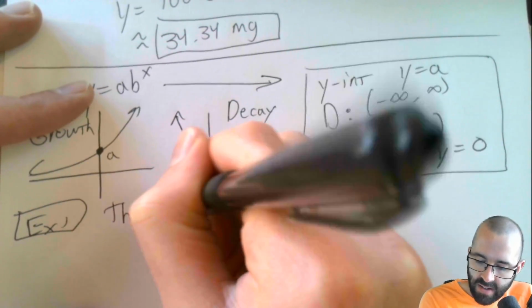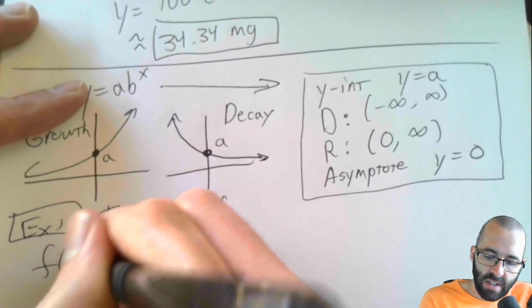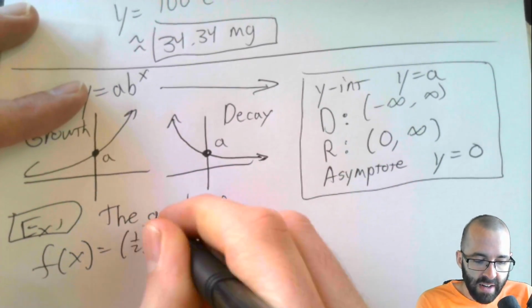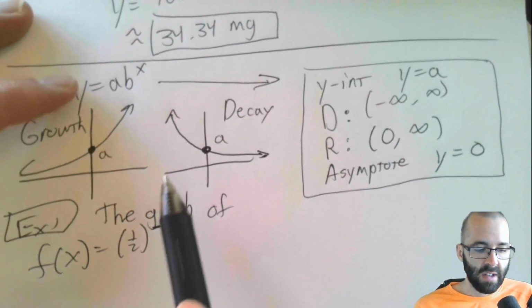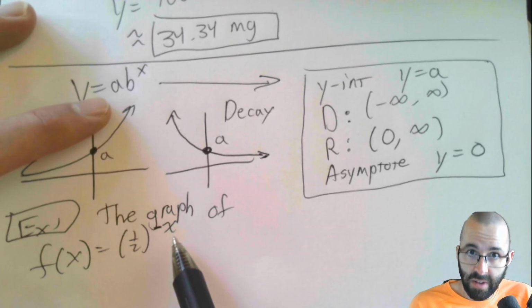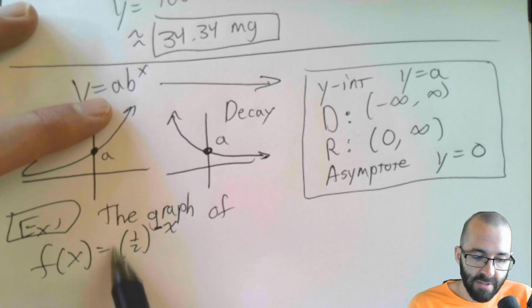So let's say we're looking at the graph of f of x equals 1/2 to the negative x, so it's already not in standard form. We could use that negative exponent. This is the same as 2 to the x, growth rate of 2, y-intercept of positive 1, the number out in front.